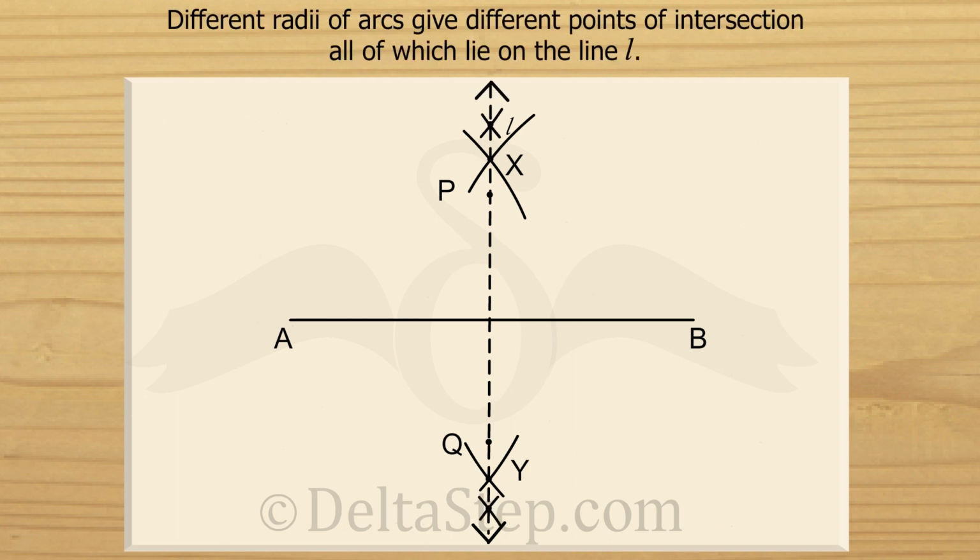If you keep trying with any other radius greater than AB by 2, that is greater than half of AB, you will find they all lie on the line L. So it does not matter what radius we take till the time it is greater than half the length of AB.